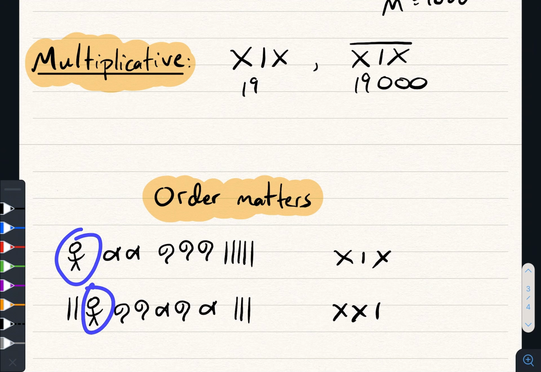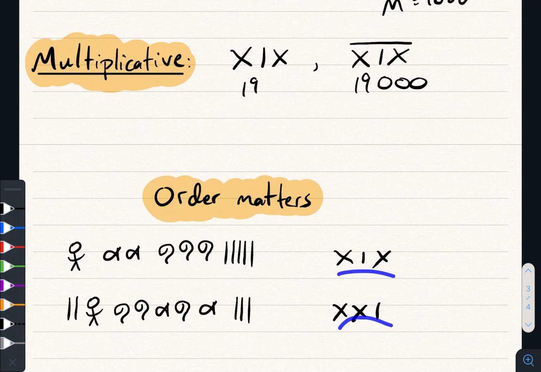This man standing here just represents a million, no matter whether it shows up here or here. You got two fish down here, 3 scrolls up here, 3 scrolls down here, same number of tallies, so they represent the same number.